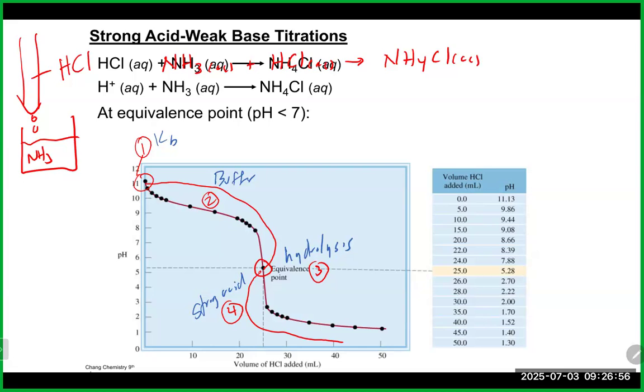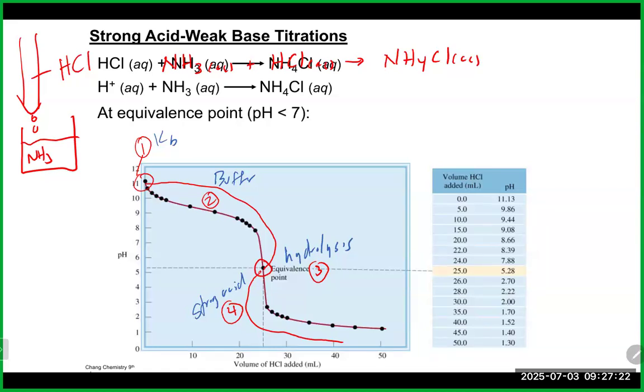And if you're doing this type of titration between a strong acid and a weak base, your equivalence point should be acidic. So you would want to choose an indicator, obviously, that's acidic that would work well in that range. So those are things that you want to think about as you're doing titrations, where your equivalence point should be. You should actually have a pretty good idea. Should it be acidic, basic, or neutral, depending on the type of titration you're doing.